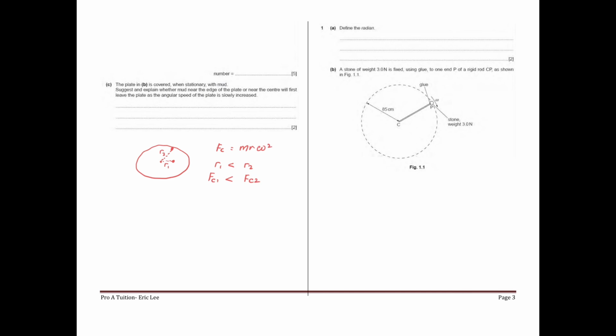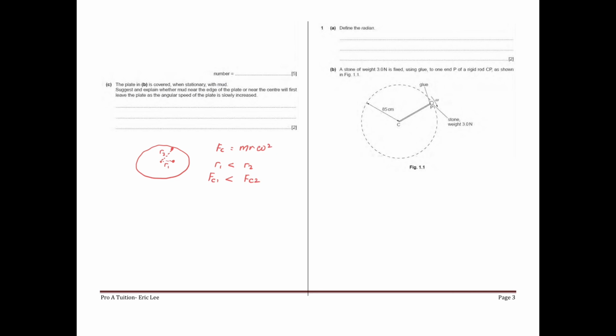That means in order to keep it in a circular path, we require less force. But for the second mud, since it has a greater centripetal force, we need more force to keep it in a circular track.